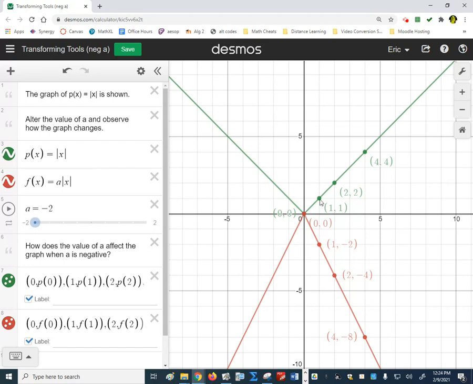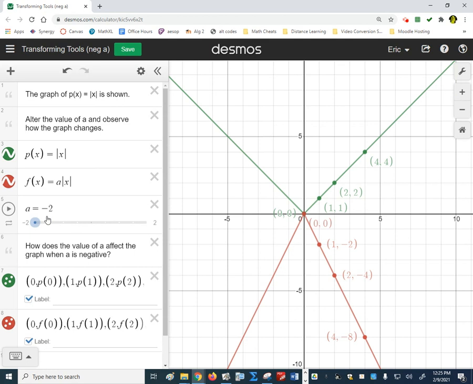For example, the y coordinate 1 times negative 2 gives me the new y coordinate of negative 2. The y coordinate of 4, normally I'd go over 4 and up 4, but now I'm going to go up 4 times my negative 2. 4 times negative 2 is negative 8. So I go to the right 4 and I go up by negative 8. Going up by negative 8 just means I'm going down by 8. There it is. Everybody see that?